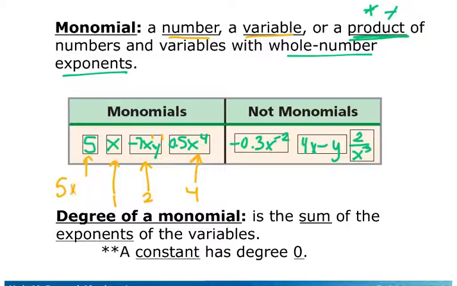It's actually x to the 0, because remember, anything raised to a 0 power is 1, and so the degree is 0 for that one. So it's the sum of the exponents of the variables, and a constant, as we just saw, has a degree of 0. This is called a constant because it's just a number and it's never going to change, so it's constant.